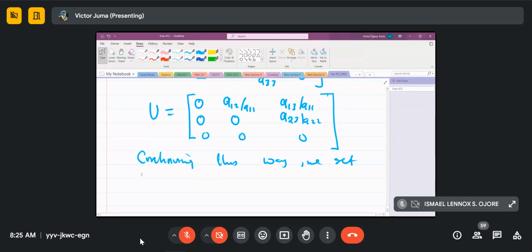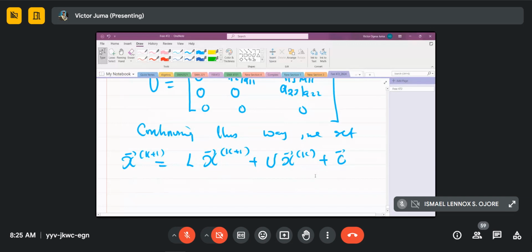So we get that basically x at k plus 1 is the same as L into x at k plus 1 plus U into xk and then plus C. So remember that C is the same as b over aii. And this is the Gauss-Seidel iteration scheme.